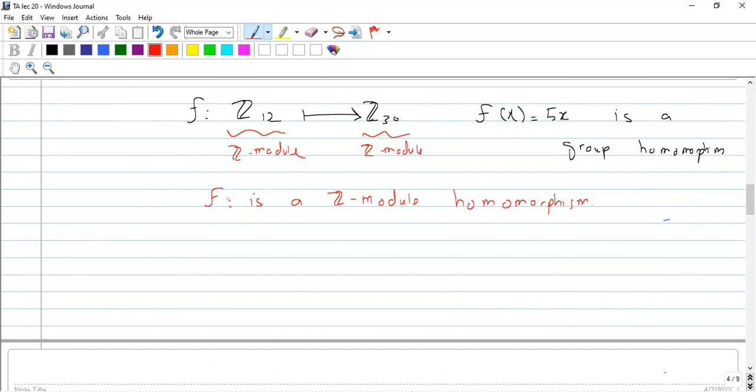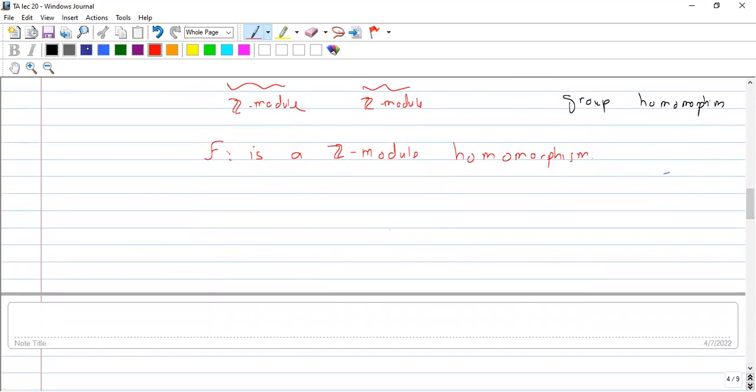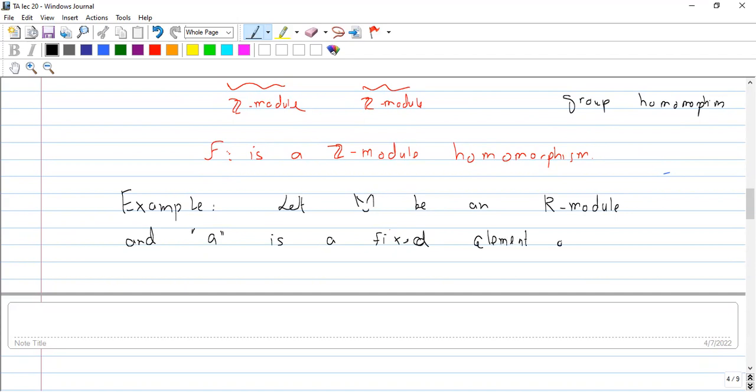Okay, next what we have. Third example. Okay, in this case, let M be an R module and A is a fixed element of M. Now define a map. एक मैप हम डिफाइन कराते हैं.